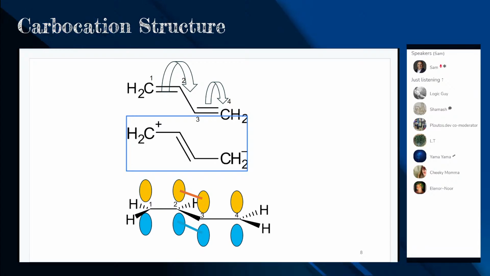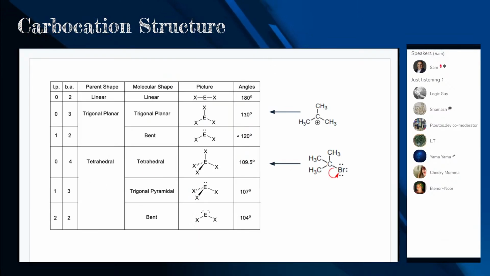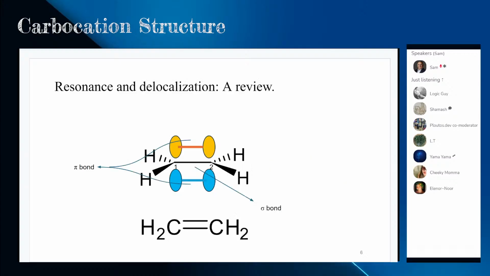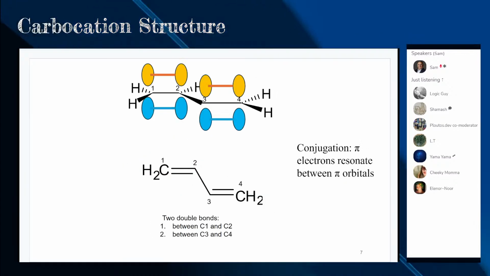And so this trigonal planar geometry where the bond angles are 120 degrees becomes the most stable structure, because in that structure, the electrons and the methyl substituent groups are as far away from each other as possible.